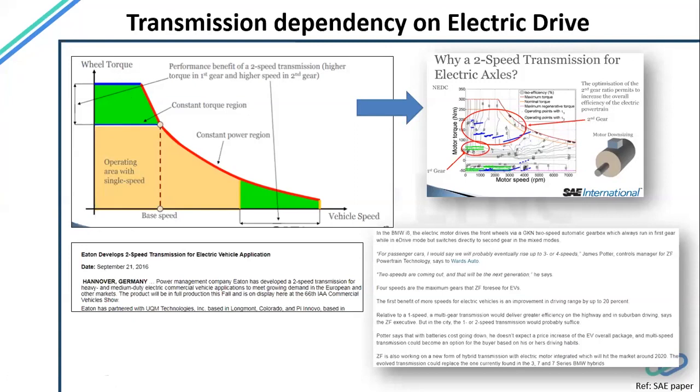But on the contrary, we have some challenges with transmission as well when it is a multiple transmission system. So this is another trade-off that we have to study when we design the machine.